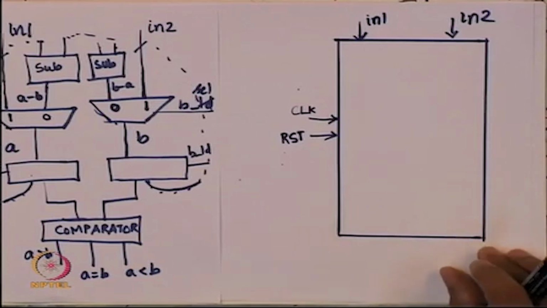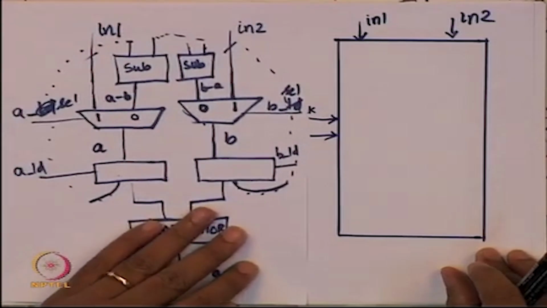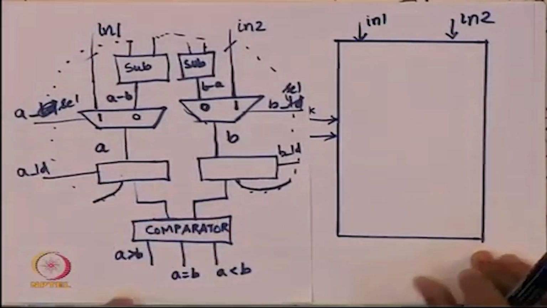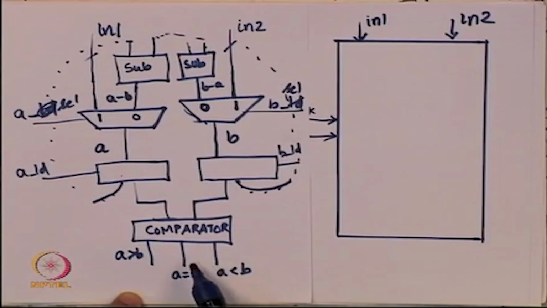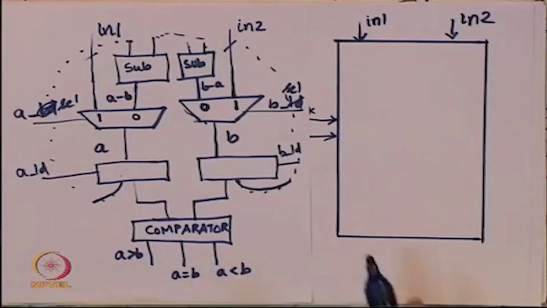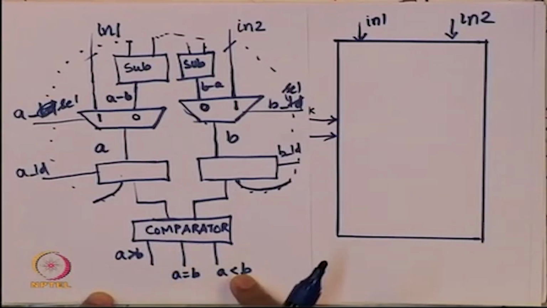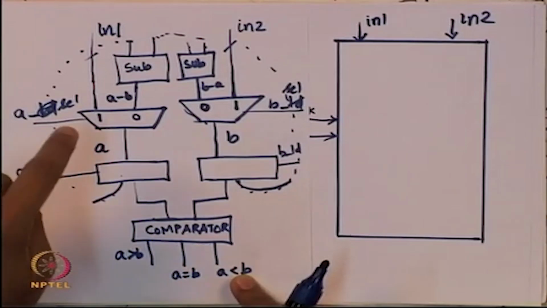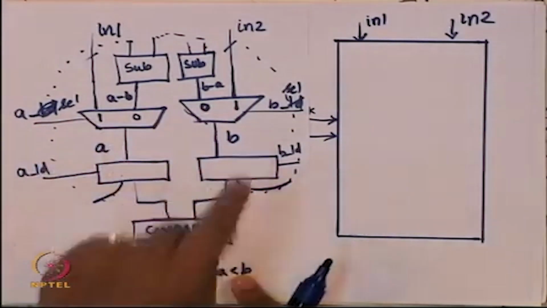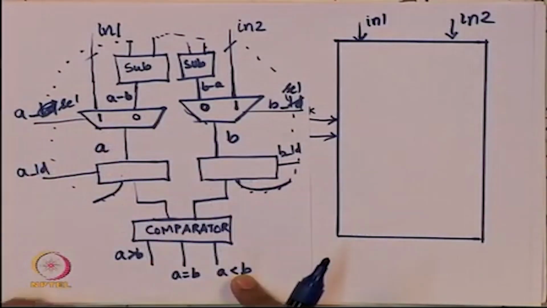If you go and look at this picture here, right, there are 3 outputs, A greater than B, A equal to B and A less than B. Somehow we have to design another piece of circuitry which will take these 3 and tell each of these multiplexers and loads what they should be assigned to.